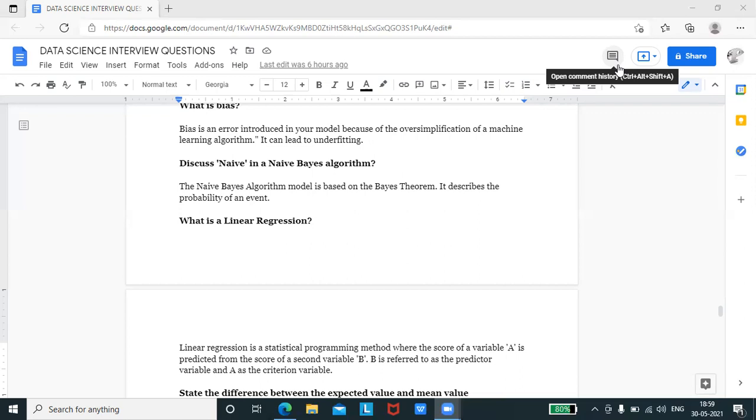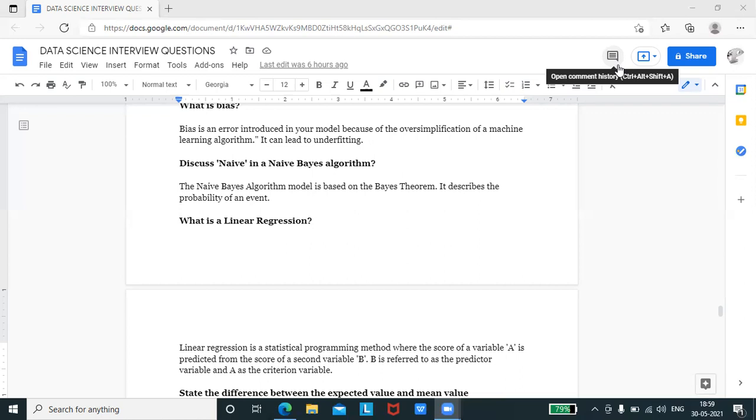For model performance, we use the R-square method that determines the goodness of fit. It measures the strength of the relationship between the dependent and the independent variable on a scale of 0 to 100%.